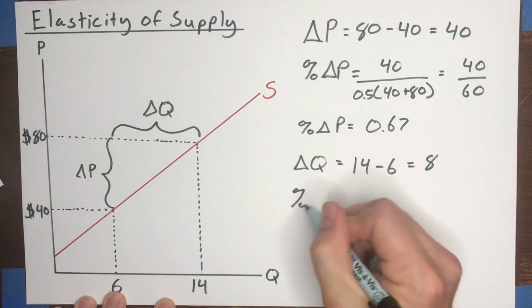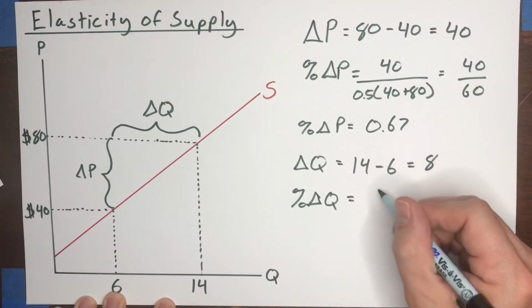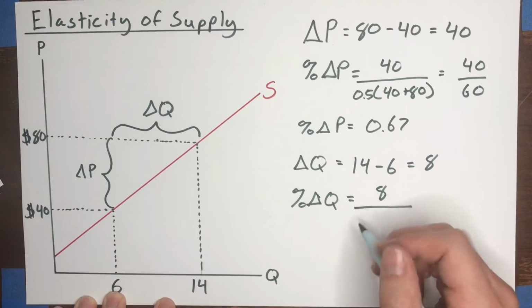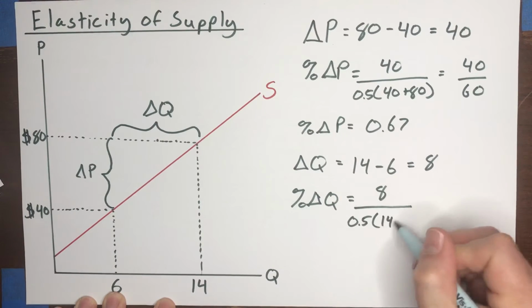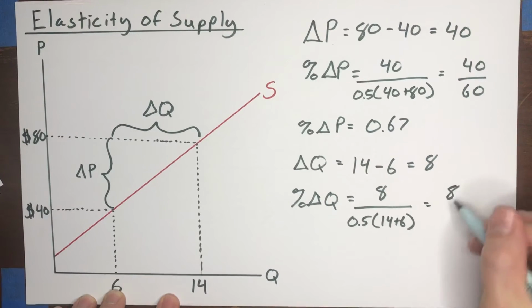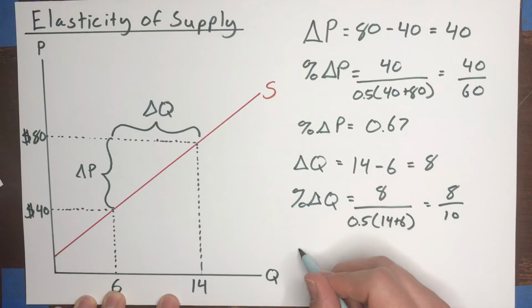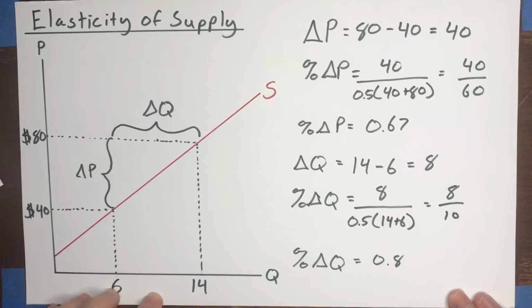And now to find the percentage change in quantity supplied, we take those 8 units and divide them by the average of the 2 quantities, and that gives us 8 divided by 10. 14 plus 6 is 20, times 1/2 is 10. So the percentage change in the quantity supplied is equal to 0.8.